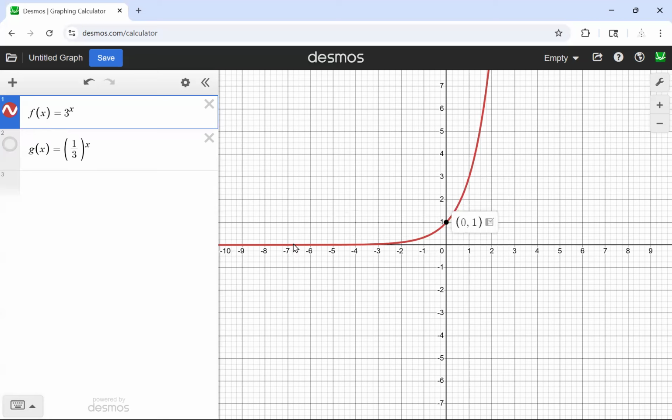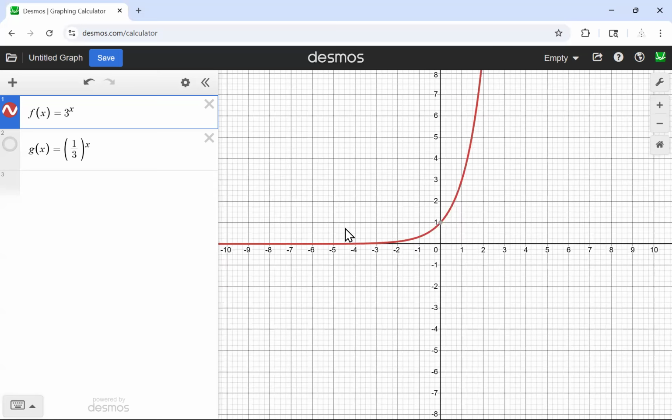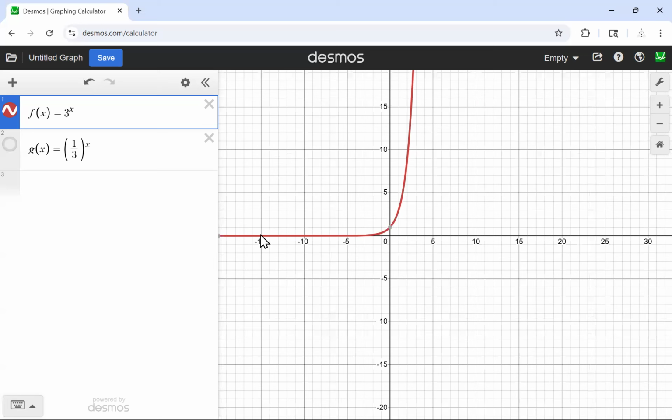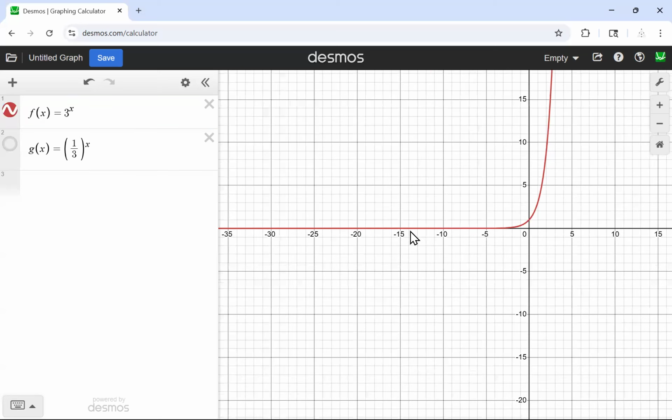So we see f of x equals 3 to the power x. As we move towards the right, we increase, we shoot off towards infinity. Notice what's happening as we move towards the left. As we move towards the left, we get closer and closer and closer to an output value of 0.